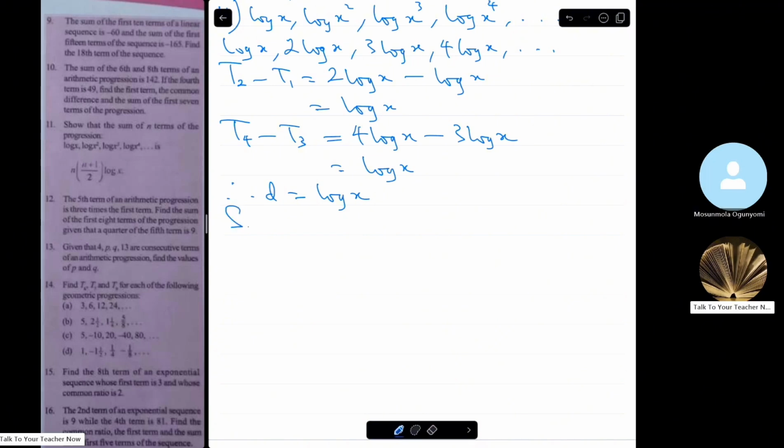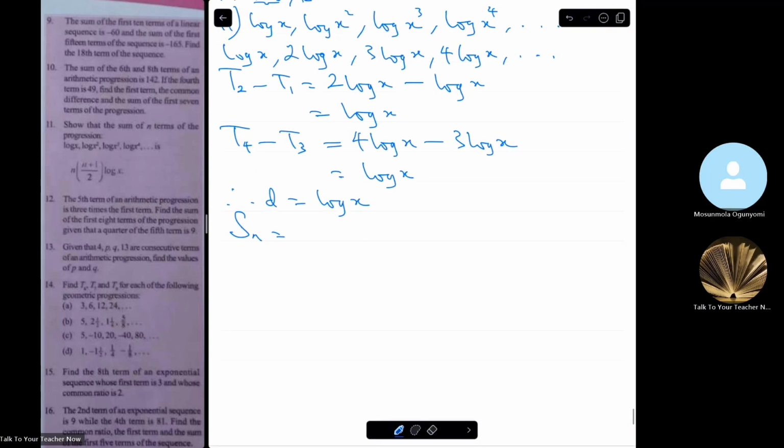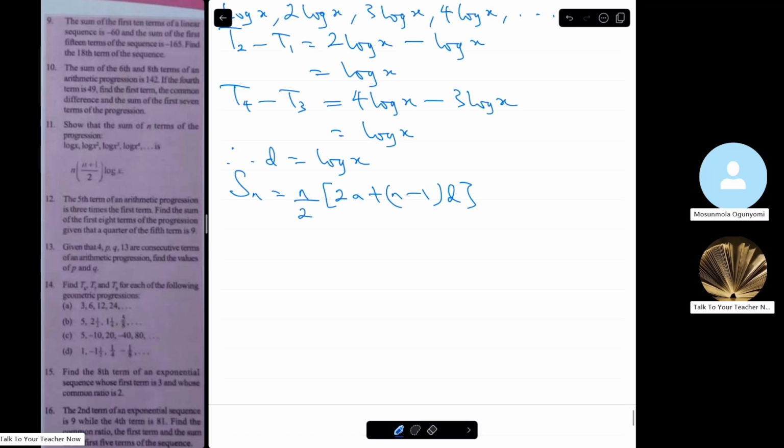What's the formula for the sum of n terms of an arithmetic progression? Can you remember? Yes, sir. You have to remember the formula. It's n over 2 into bracket 2a plus n minus 1 d.